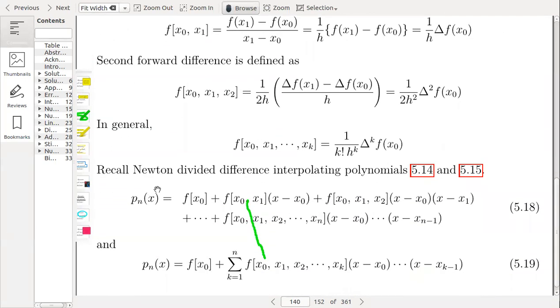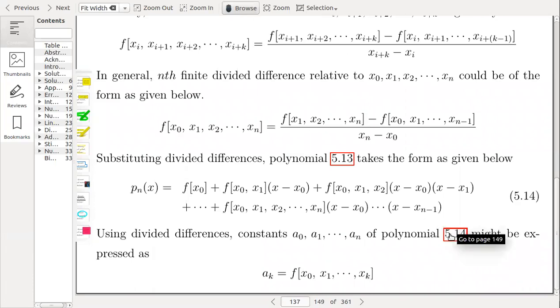Okay, now recall Newton's divided difference interpolating polynomial. So we can rewrite this polynomial. Also, if we want to see this polynomial, what was written in the previous lecture, 5.14 is the same as Pn of x, f of x naught plus f of x naught x1. So these differences are the Newton's divided differences, which we want to transform into forward differences.